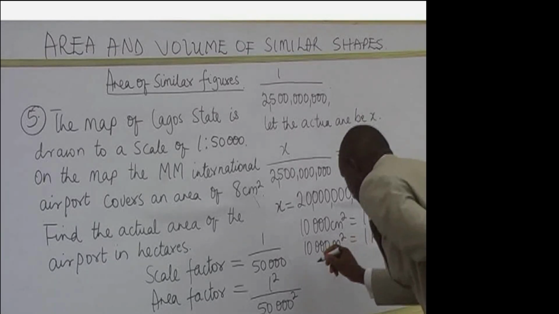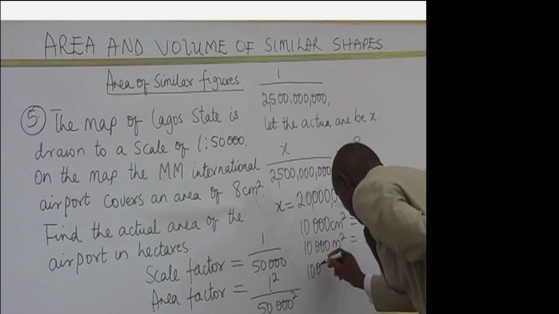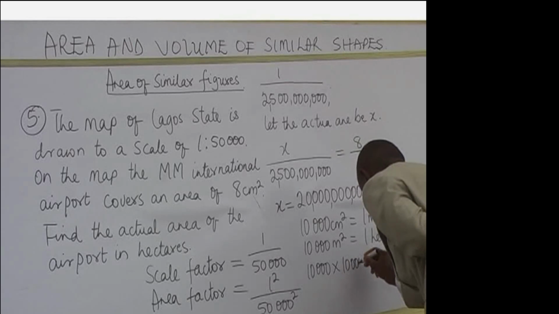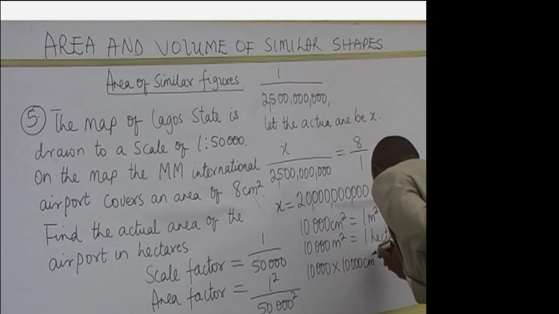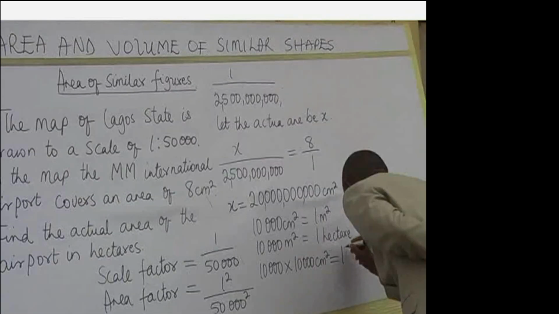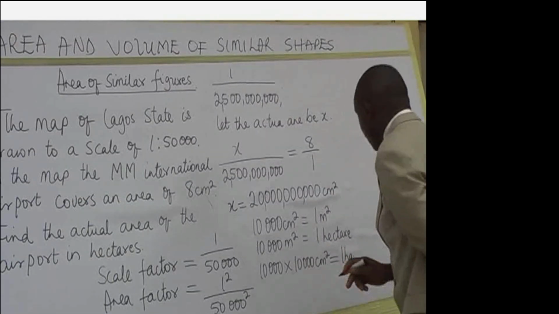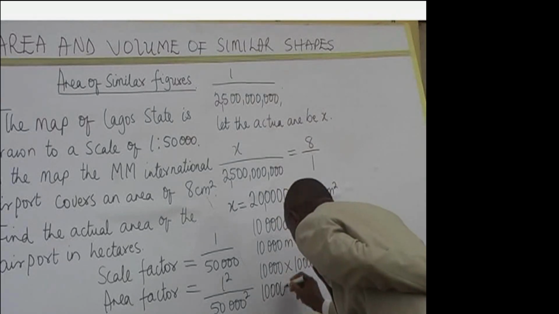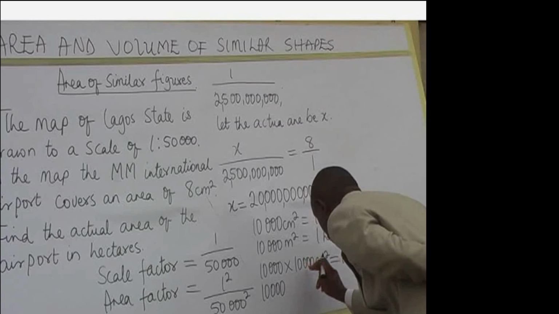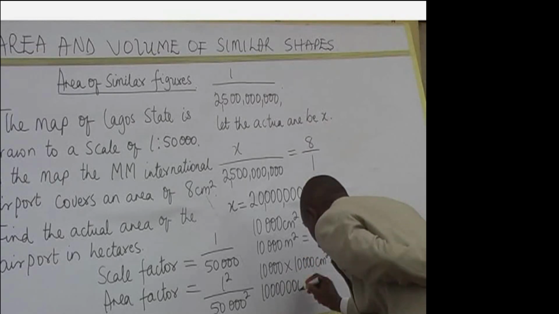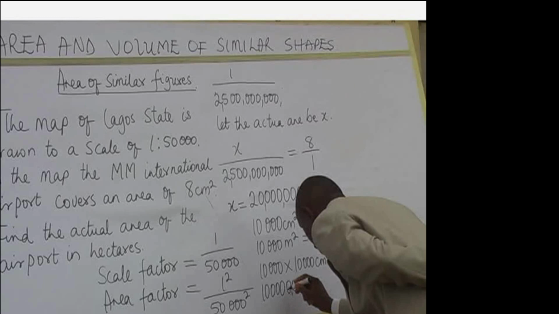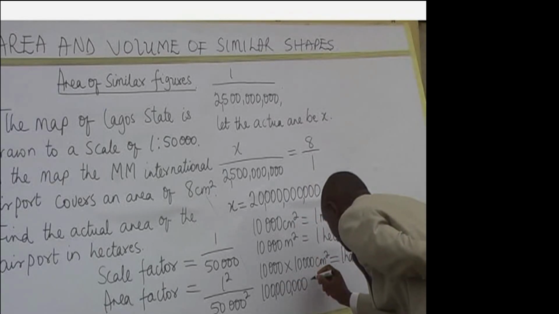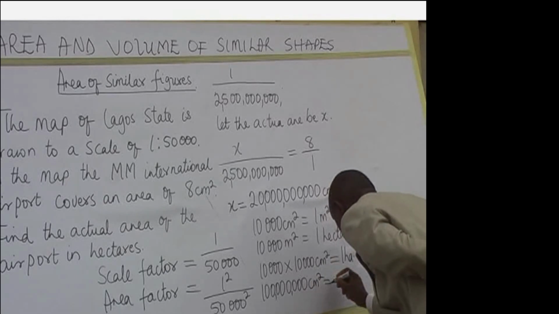Therefore, 10,000 times 10,000 centimeters squared is equal to 1 hectare. Write down the first 10,000, now bring in 4 zeros. You have 100 million centimeters squared is equal to 1 hectare.